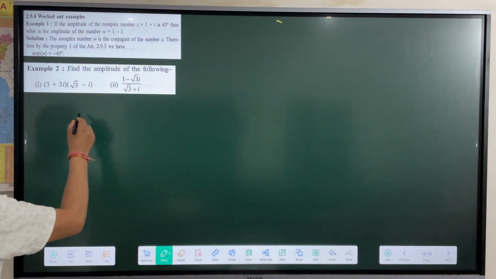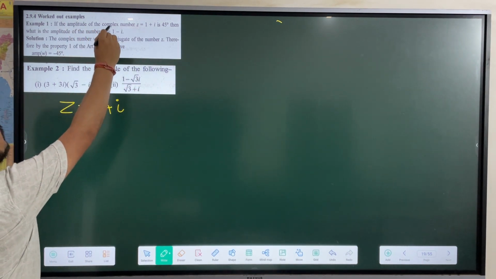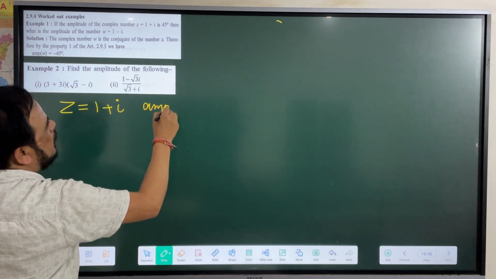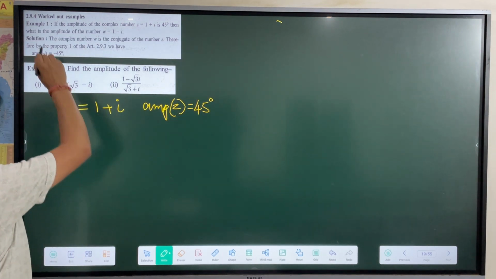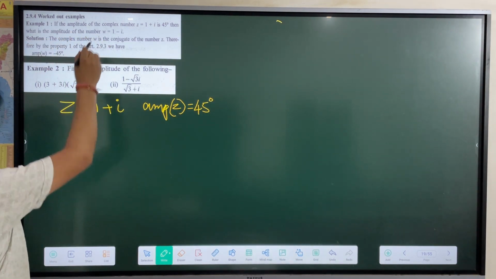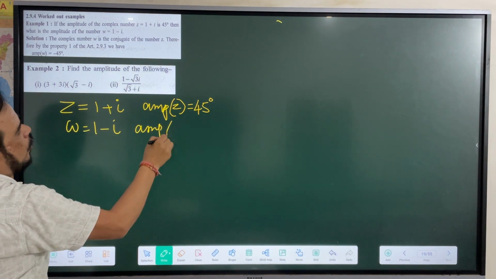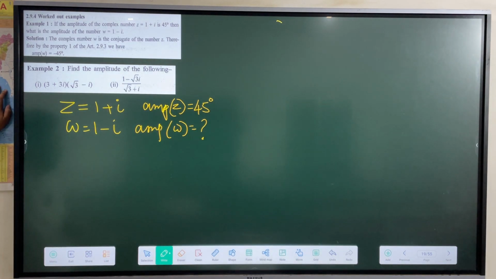Example number 1. Z is equal to 1 plus i is given. The amplitude of the complex number Z is 45 degrees, given. What is Z? 1 plus i. What is the amplitude of the number W, 1 minus i? The amplitude of W we have to find out. This is the question.